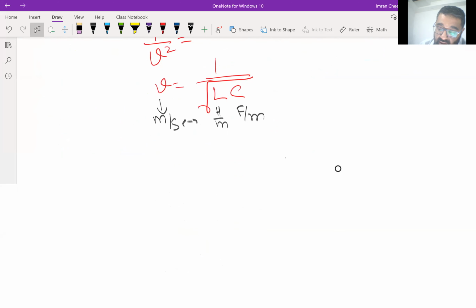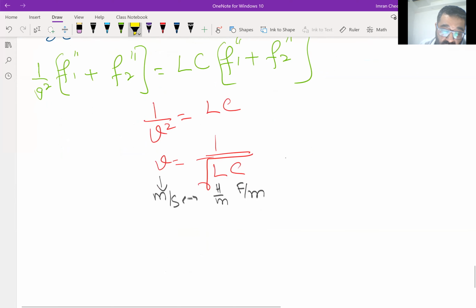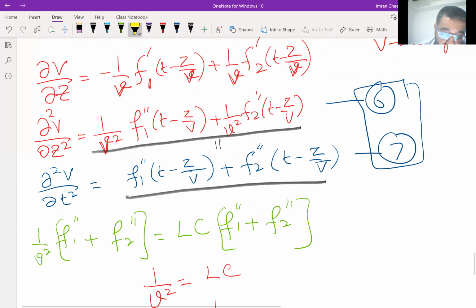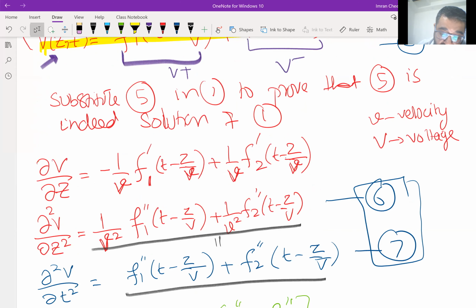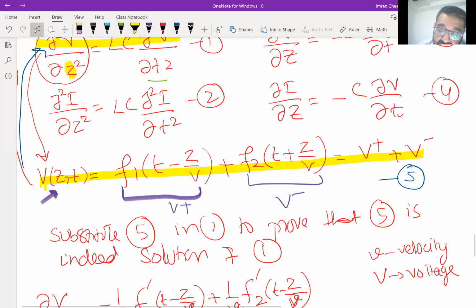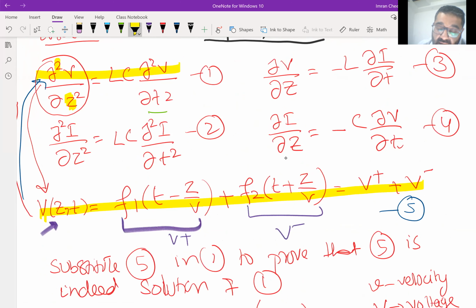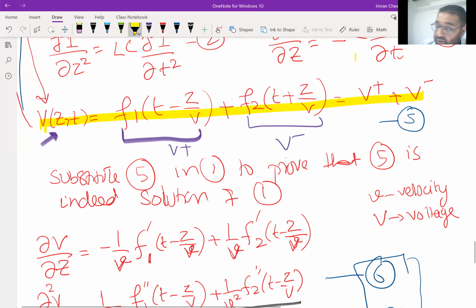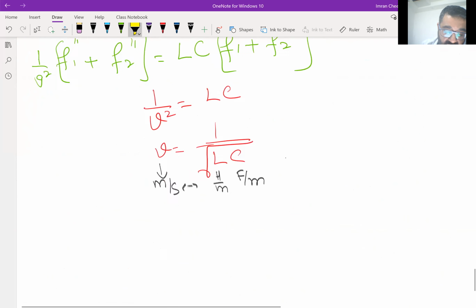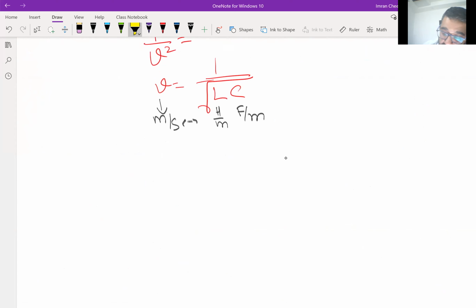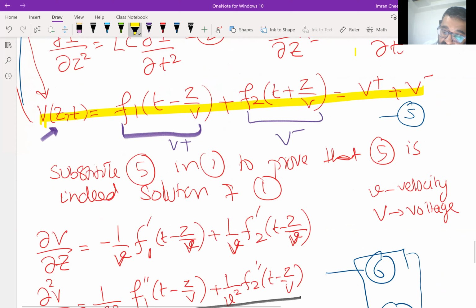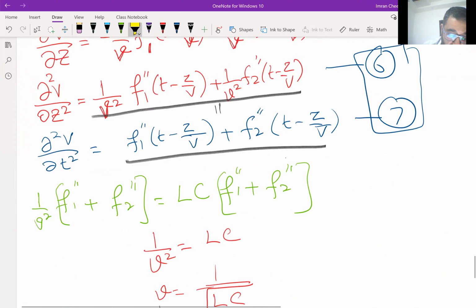And without doing that math, you can do the same thing for the current: you substitute this solution 5, let's say, in 4, and you integrate it and you get the current. Let me write that very quickly.